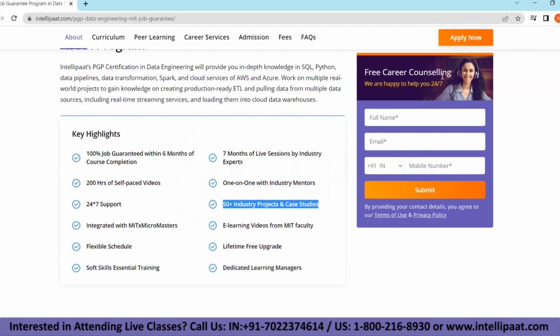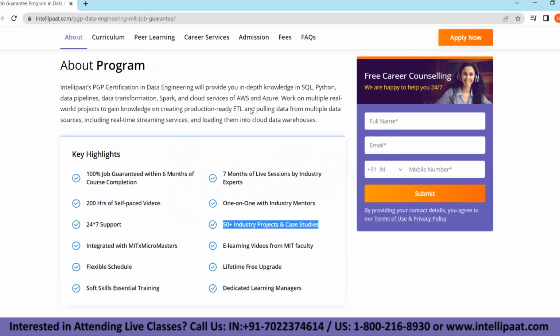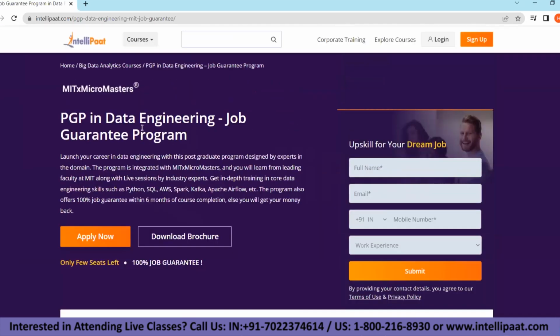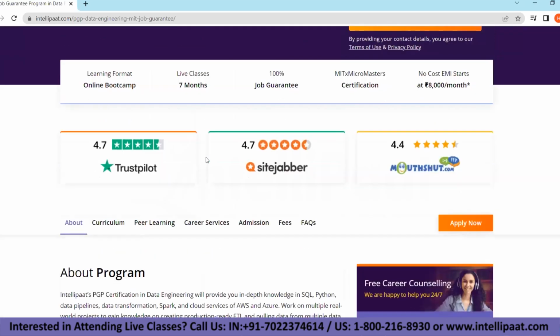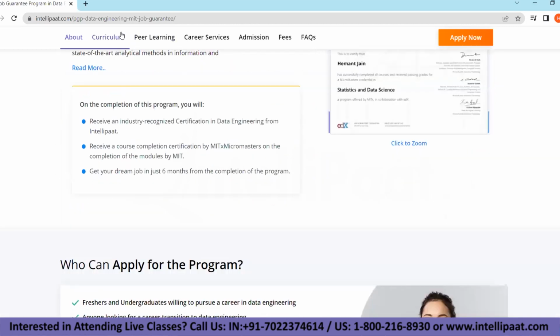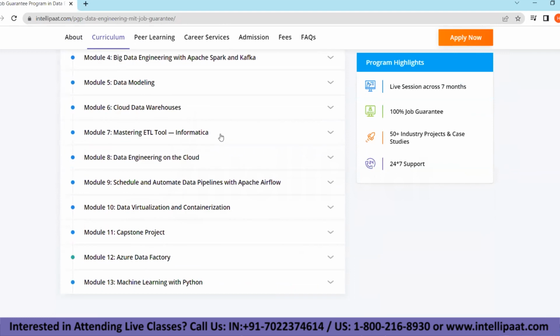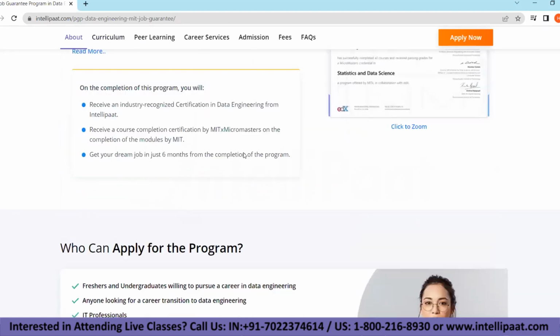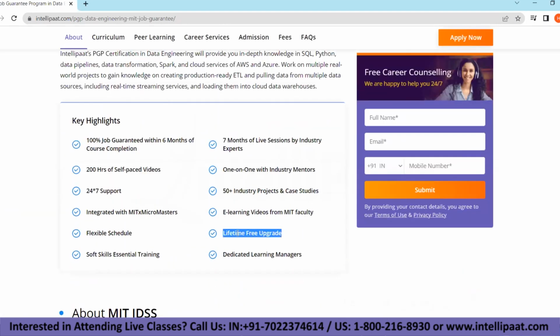However, if you're going ahead with this PGP in data engineering, the job guarantee program from MIT X Micro Masters, we are giving you a lifetime free upgrade, which means in whatever investment you are doing right now, you will be learning the updated course content, the updated curriculum of this particular course for all the 13 modules, free of cost for lifetime. So it's a one-time investment. There is no recurring cost for your data engineering learning.